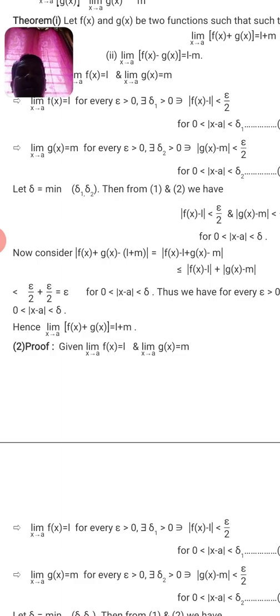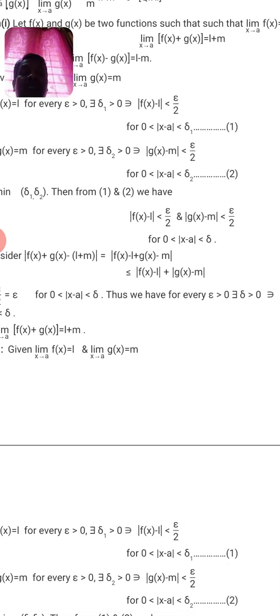Now consider modulus of f(x) plus g(x) minus (L plus M), which is equal to modulus of (f(x) minus L) plus (g(x) minus M), which is less than or equal to modulus f(x) minus L plus modulus g(x) minus M, because modulus a plus b is less than or equal to modulus a plus modulus b.